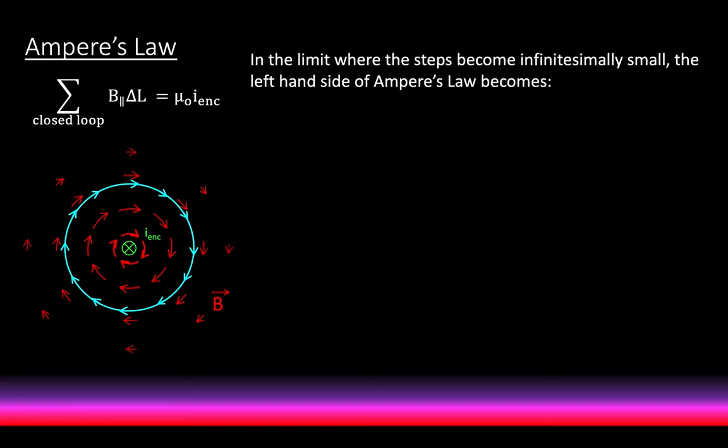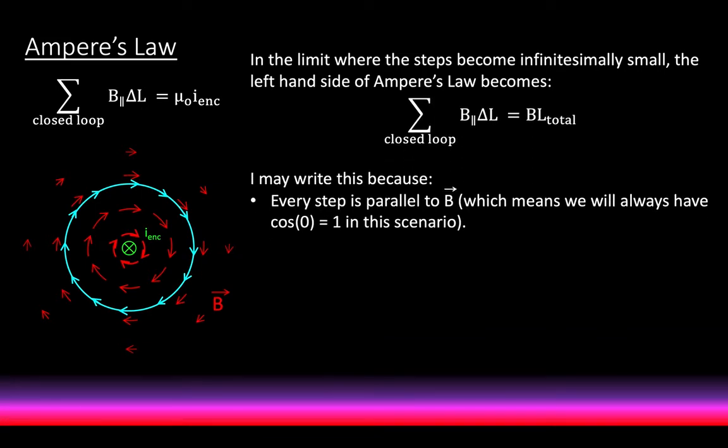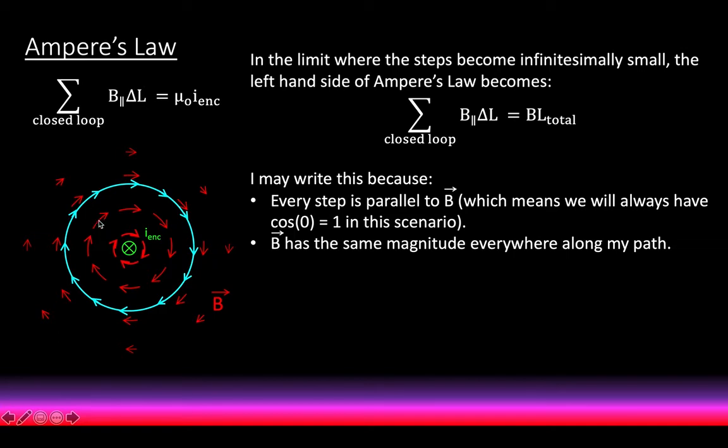In the limit where the steps become infinitely small, every step in this example will always be parallel with the magnetic field. So B times cosine 0 will just become B, because cosine of 0 is equal to 1. The magnetic field will have the same magnitude at every step along the way, because you're always the same distance from the wire.